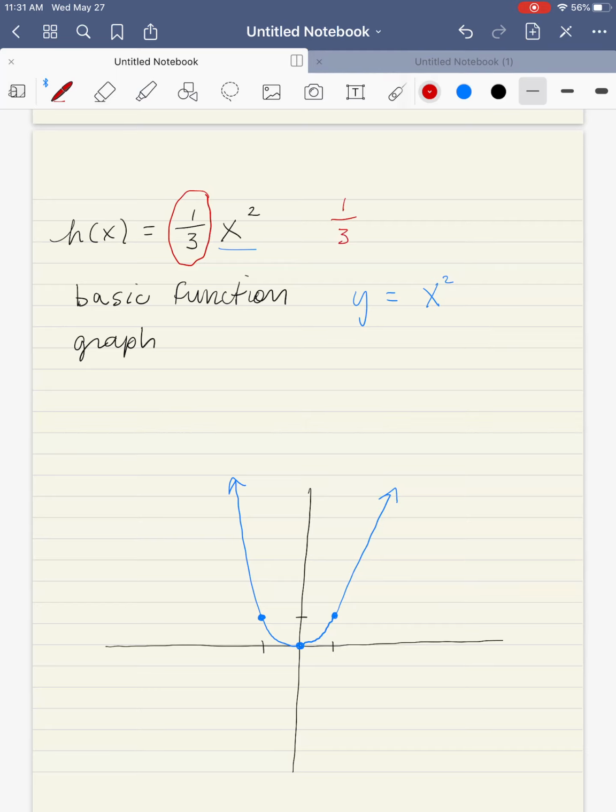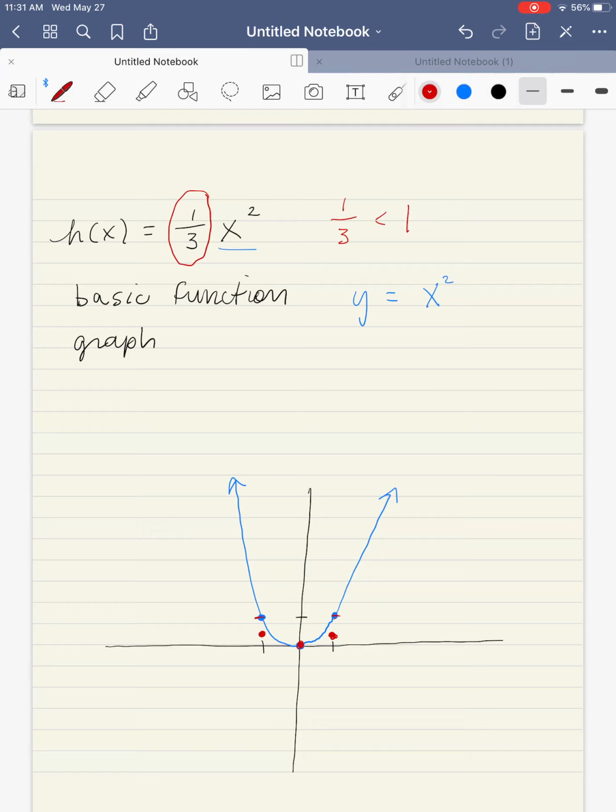And because 1/3 is smaller than 1, that means each of my ordered pairs is going to shrink. 0 times 1/3 is still 0. 1 times 1/3 is 1/3. -1 times 1/3, excuse me, this is 1 again here. 1 times 1/3 is 1/3.